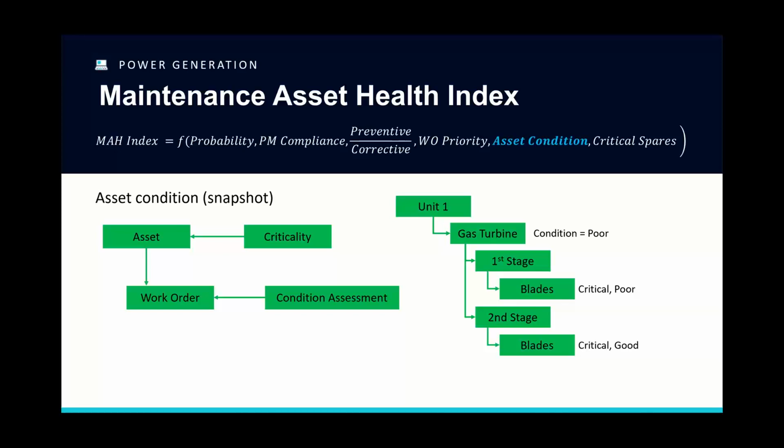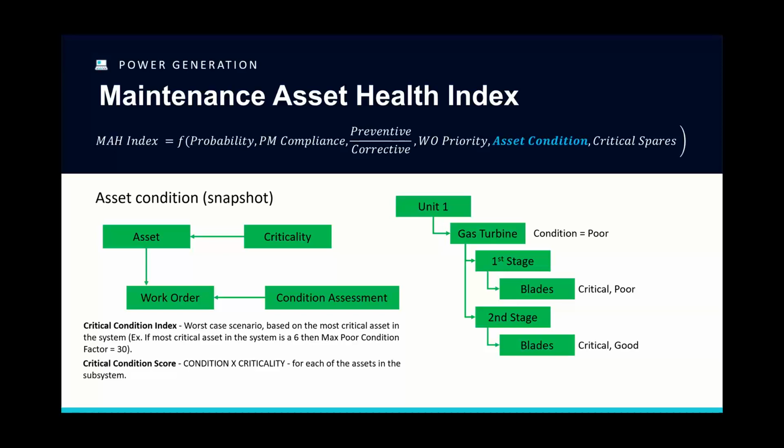So basically what you're saying is, me as a parent, I know I have a problem with one of my children, so I'm inheriting that problem, right? It's a way to say, listen, this asset could be compromised because one of its elements down there, which is critical, is in bad shape, right? So this is what we are looking at, and that's the information that we're bringing forward.